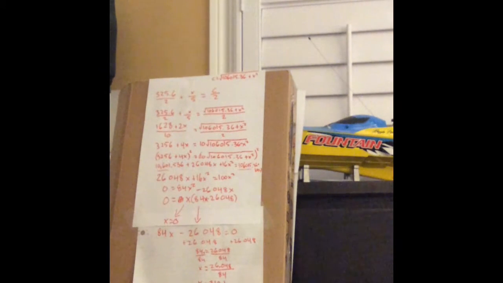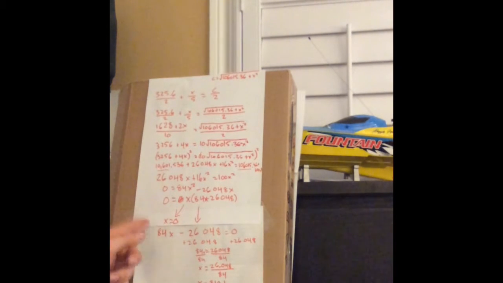So now we can cross out the 10,601,536 from both sides, and we can move everything to one side so that we get 84x squared minus 26,048x. Now we can factor out an x from both terms, so we get x, and then we set the equation equal to 0, so 0 equals x bracket 84x minus 26,048.